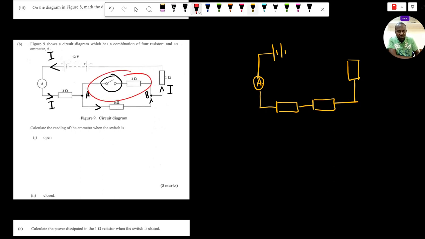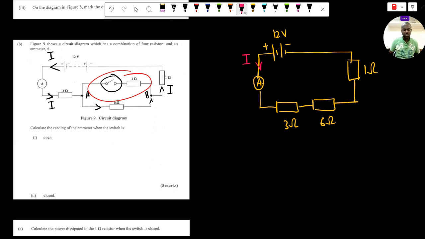And so the effective circuit basically looks like this when the switch is open, right? And so basically we have our 3 ohm resistor, we have our 6 ohm resistor, and our 1 ohm resistor. This is positive, negative, this is 12 volts, and the total current being driven is I.